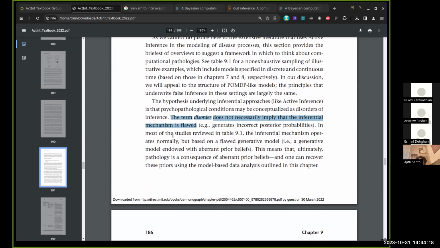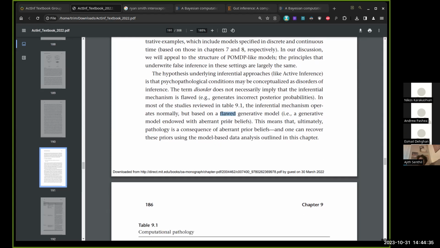But here it's saying inference is working fine, but on a flawed generative model. But again, you could even go further than that and say, well, there's nothing flawed with it. But that's the kind of way that it takes that conversation.